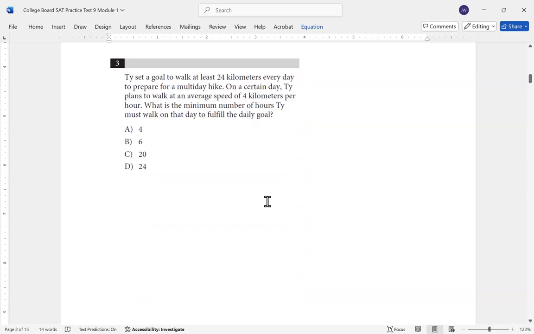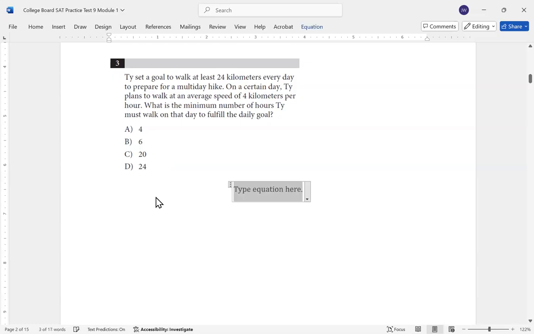Question 3. Ty set a goal to walk at least 24 kilometers every day to prepare for a multi-day hike. On a certain day, Ty plans to walk at an average speed of 4 kilometers per hour. What is the minimum number of hours Ty must walk on that day to fulfill the daily goal?